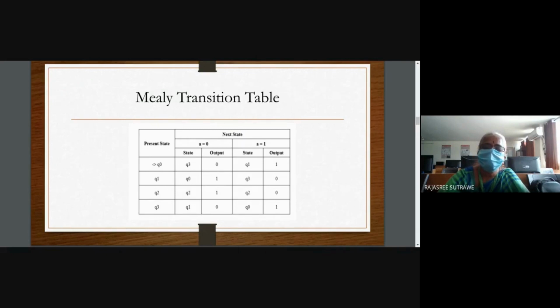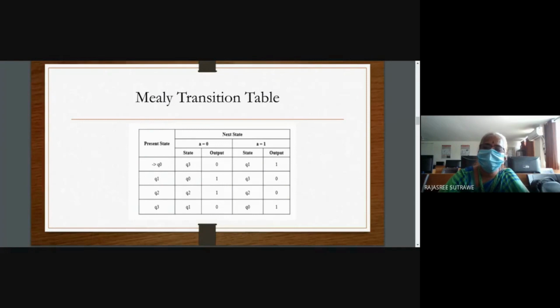For Q0, you are giving 0, you are going to the state Q3, and for Q3 the output is 0. From the transition table, we are going for it. Then 0 again. Input is 0 for Q3, Q3 on 0 goes to state Q1, and the output is also 0. Then we go for 1.